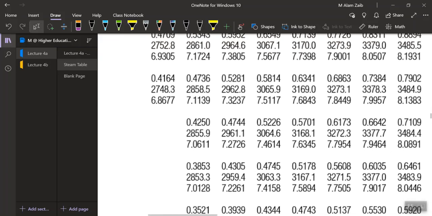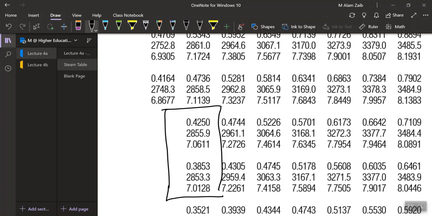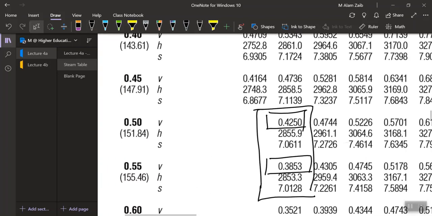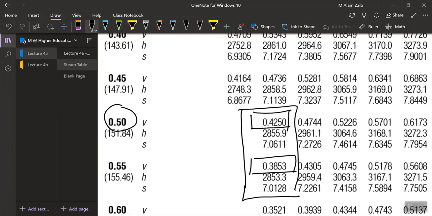So you can check at 200 degrees centigrade, we have got the condition in which the volume is 0.4250, and we have got the condition in which the volume is 0.3853, corresponding to the pressure of 0.5 megapascal and the pressure of 0.55.